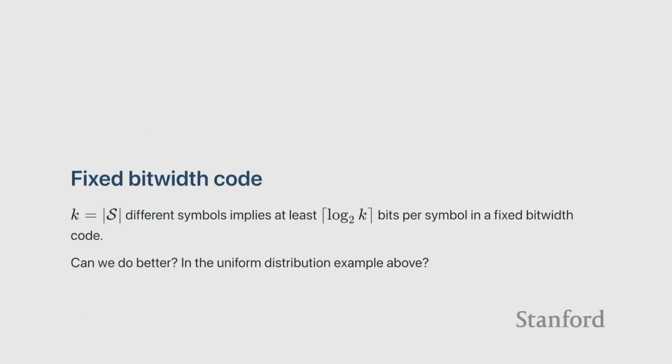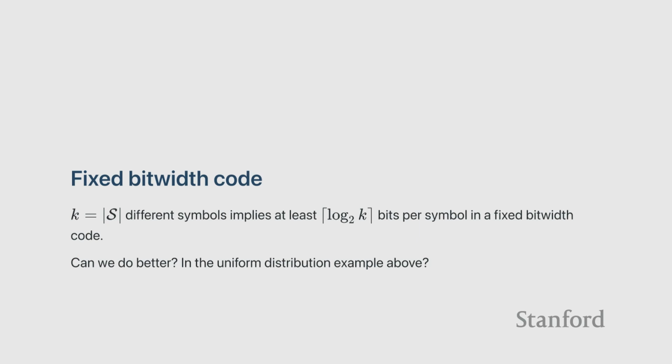Okay, so I guess this should have been X, which is what we are using for the alphabet. So if you have K symbols, then you use log K bits in a fixed bit width code. Let me explain.